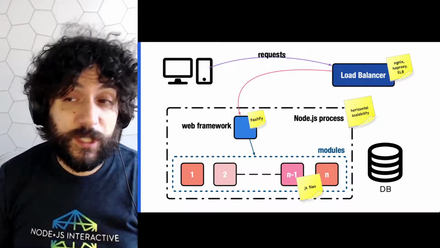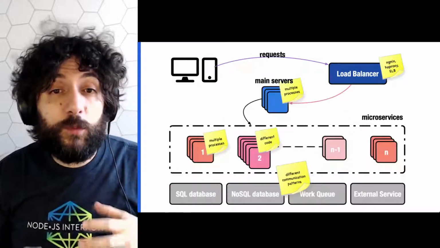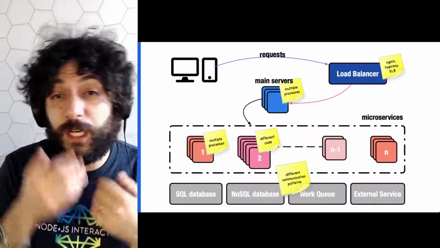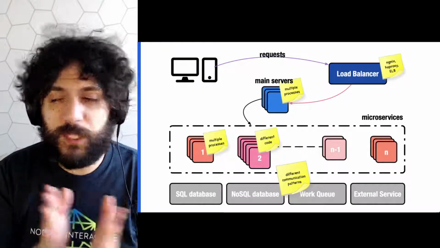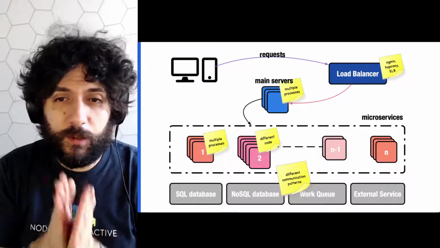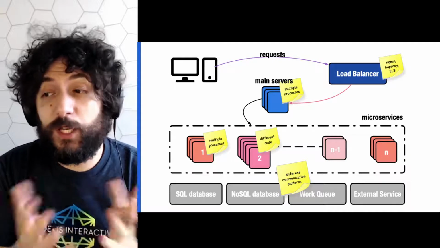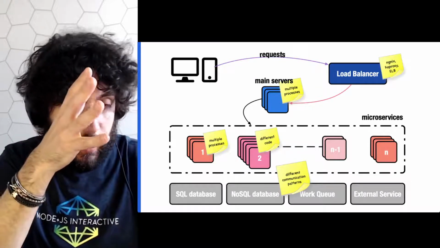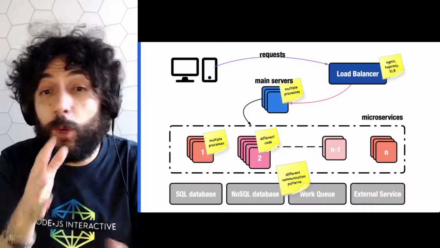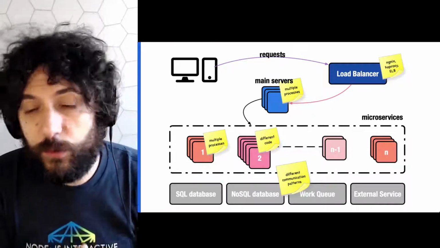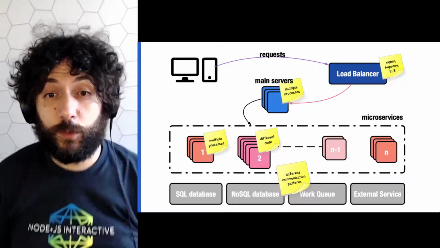In fact, it's also the stepping stone for moving into a microservice architecture. Microservices are a fundamental part of how we develop systems, as well as lambdas and so on. But the key part is that with Fastify, you could move from a monolith to a microservice world very easily, because it's all built on a consolidation of plugins. You will see that in a moment, but it's super easy.